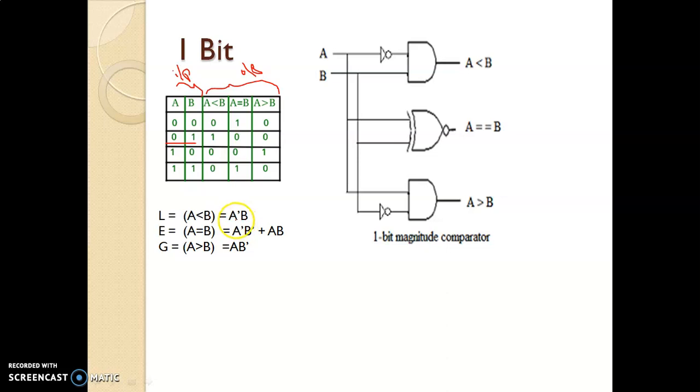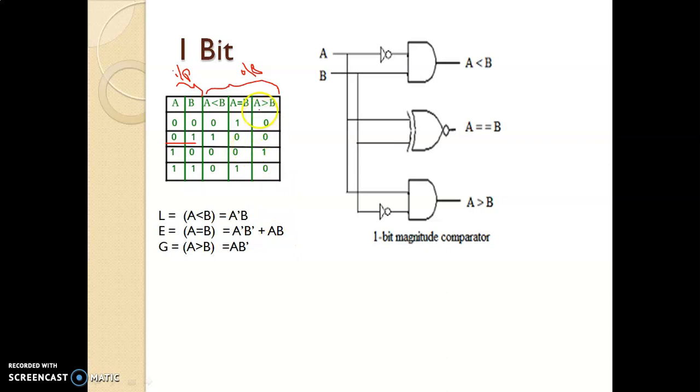And when will you say that A is equal to B? When both are either 0 or both are 1. So it is A bar B bar, or AB.